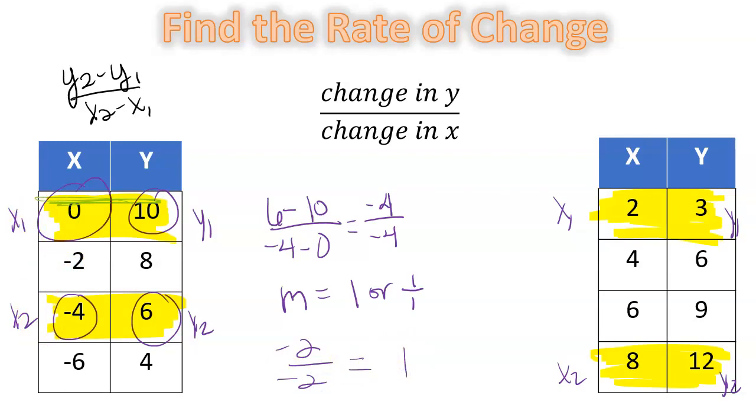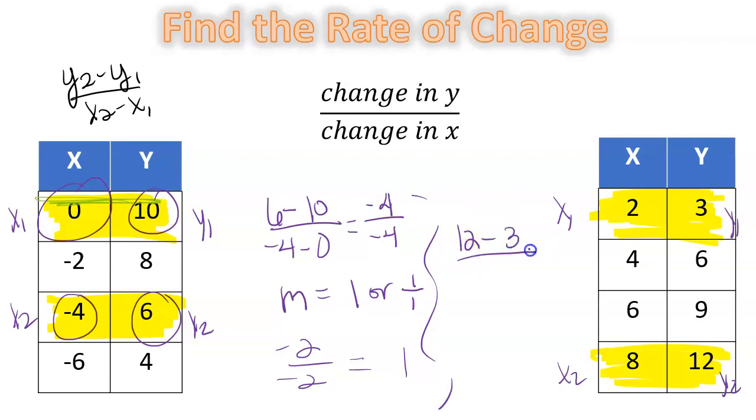It's just the way that the table is written. If we were to actually plot these points, we would see that it will have a positive slope.